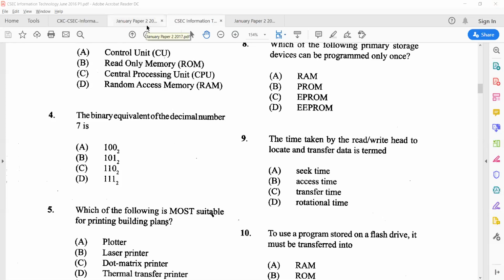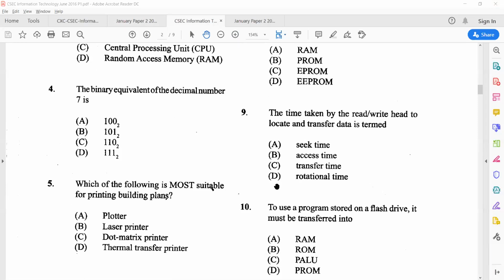Yeah. EEPROM is electrically erasable programmable read-only memory. So erasable has some electrical form. Okay. Yes, sir. Right. So that is 8. Now let's move on to 9.